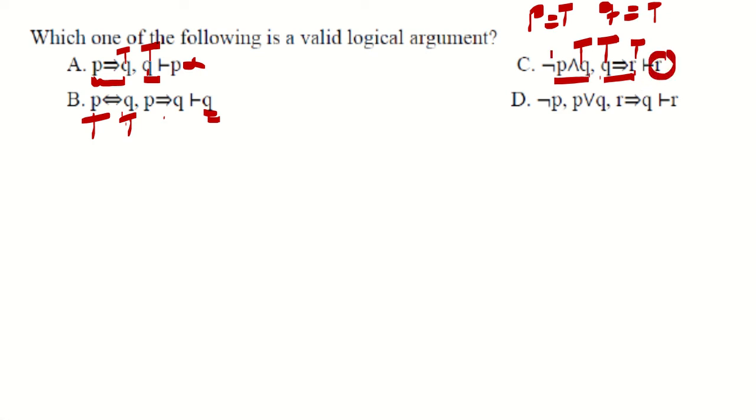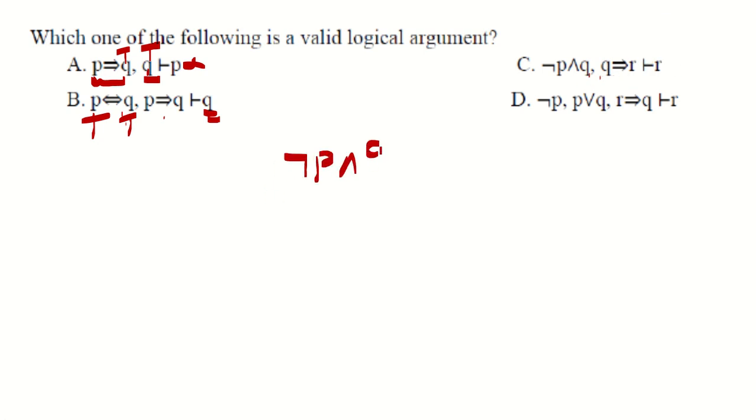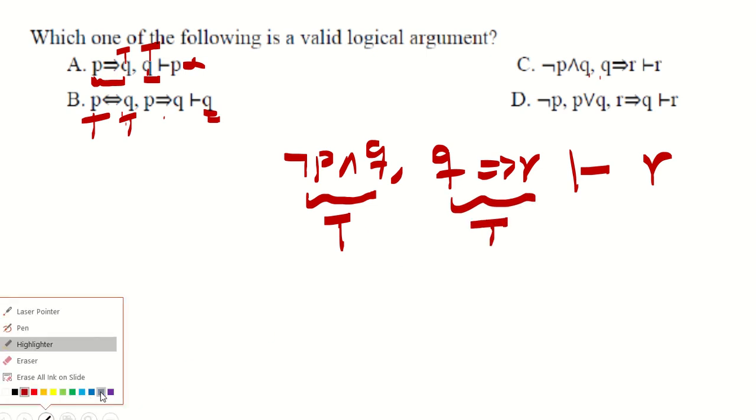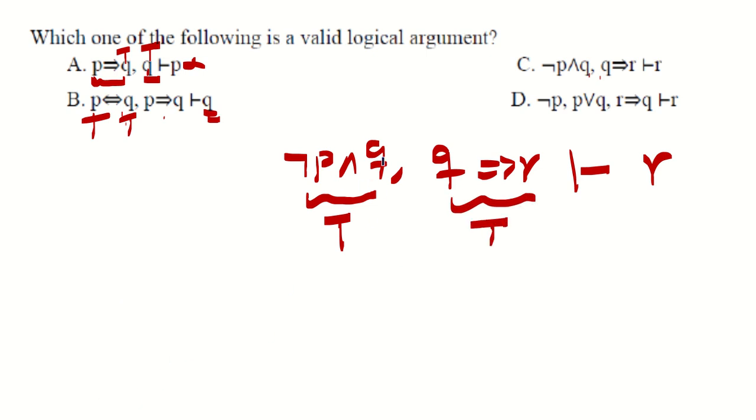Again, let me repeat. C must be clearly shown here. It says, look, negation P and Q is one of the premises. Q implies R is the other premise. The conclusion part is R. From this one, the whole is true as a premise. This also as a premise, the whole true. The whole premise true means each of them must be true. Q true and negation P also true.